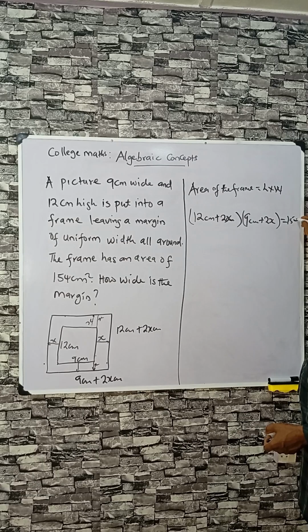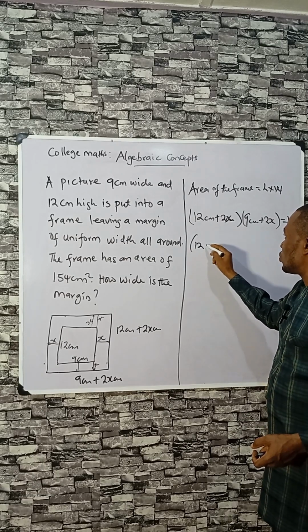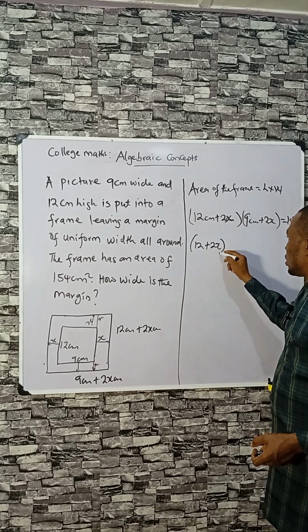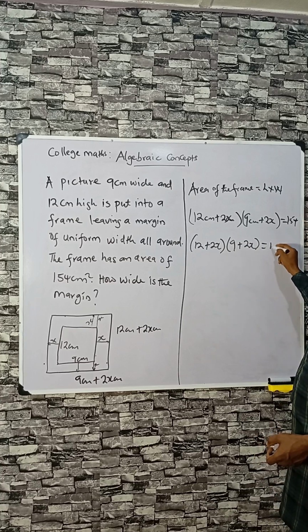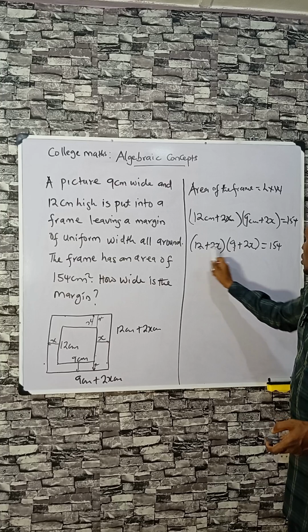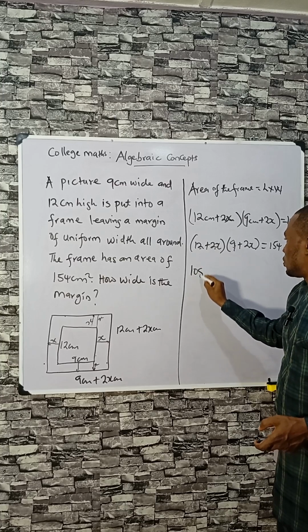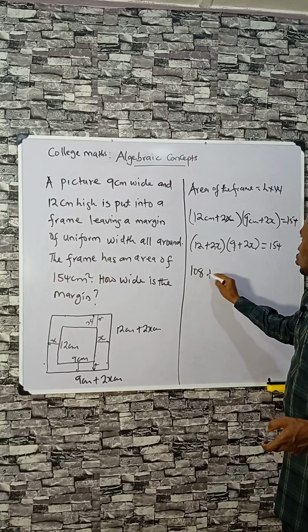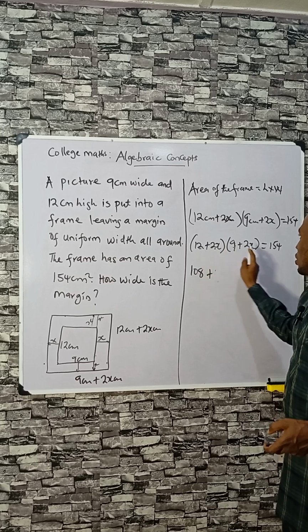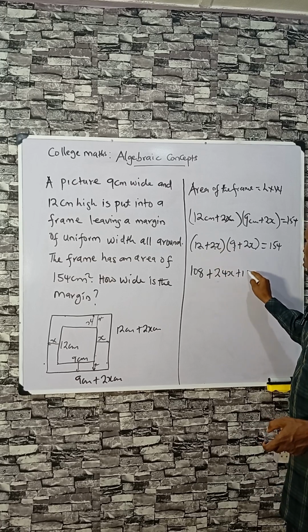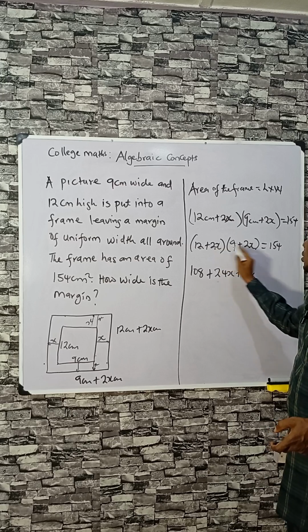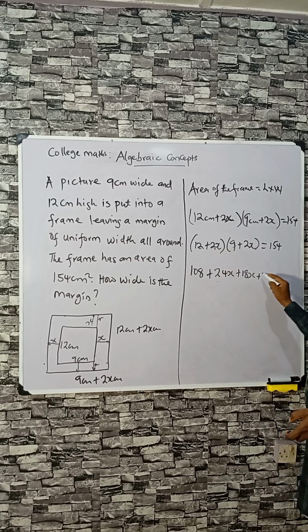So 12 plus 2x times 9 plus 2x equals 154. 12 times 9 will give you 108. 12 times 2x gives 24x. Then 2x times 9 will be 18x, and 2x times 2x will give us 4x squared, equals 154.